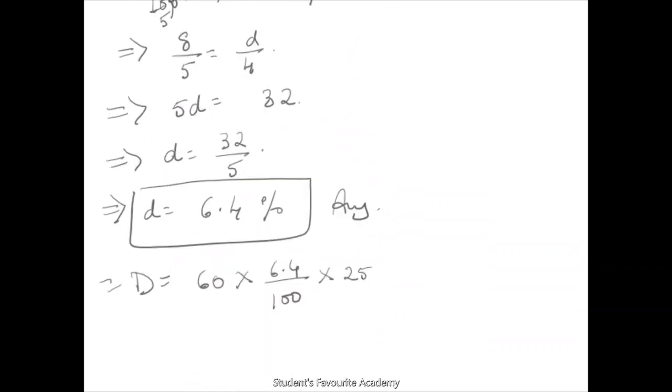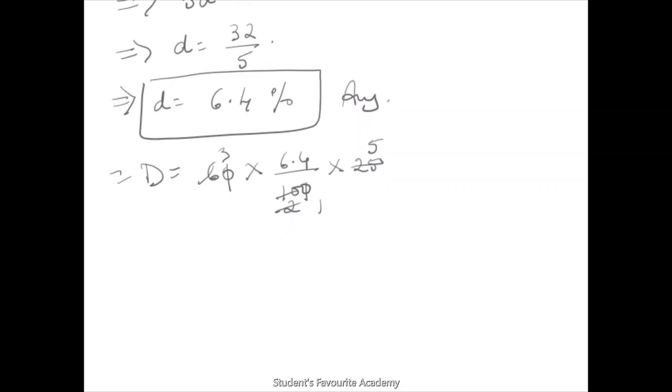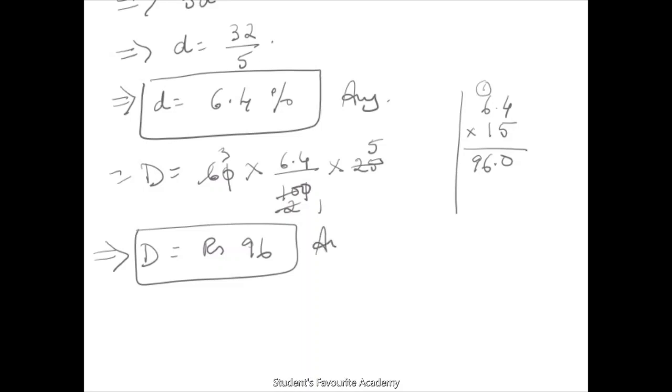So now if you simplify, 0, 0 cancels, 5 2s are 10, 5 5s are 25, so dividend is equal to 6.4 into 15. 15 fours are 60, 15 sixes are 90 and 6, 96, decimal will come here. So dividend is equal to rupees 96. This is another answer.